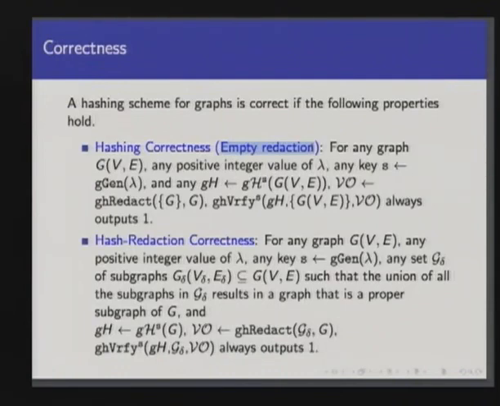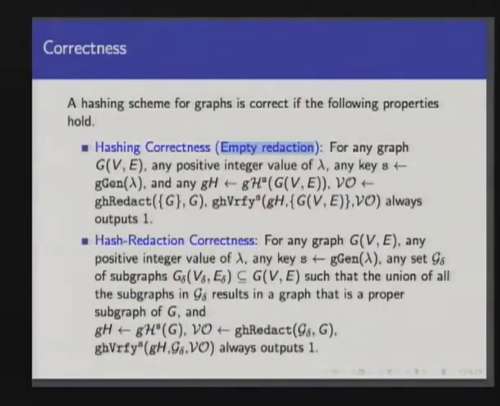And here we can see that if we compute the redacted graph, it will be an empty graph. So the verification object set returned to the user as part of the redacted subgraph will be empty. When we execute the verification function at the user side, the output will be 1.